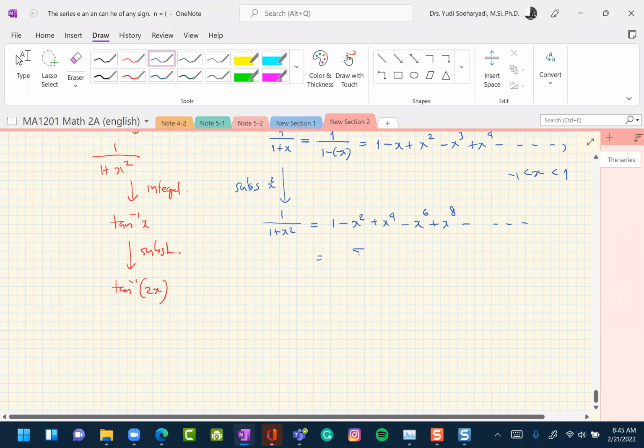You can write this down as the sum of x to the 2n. And this is also correct for the absolute value of x less than 1. Yes. Okay.